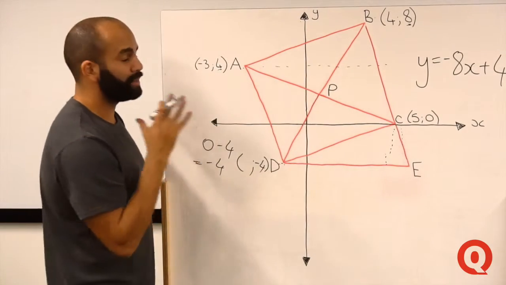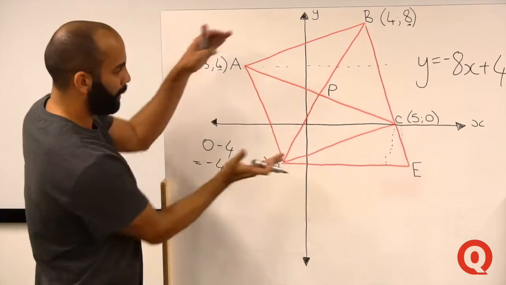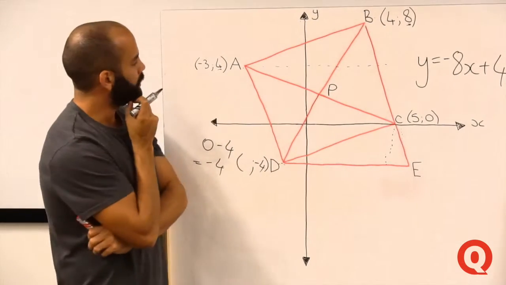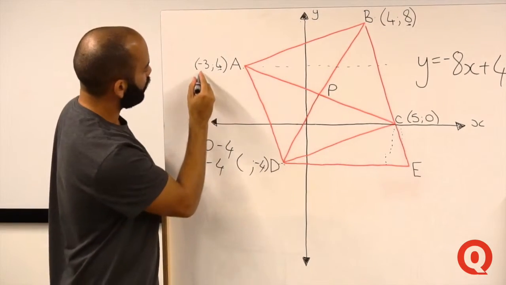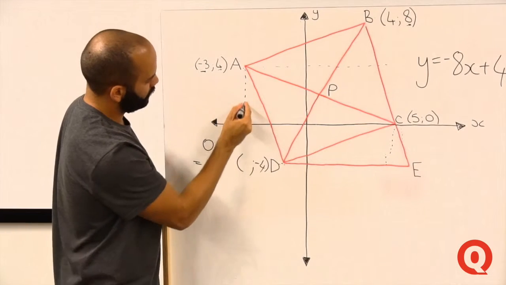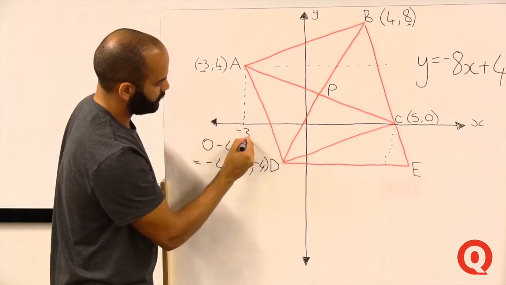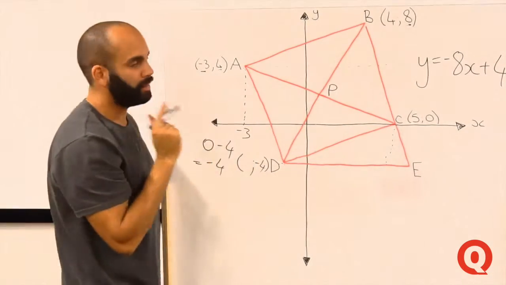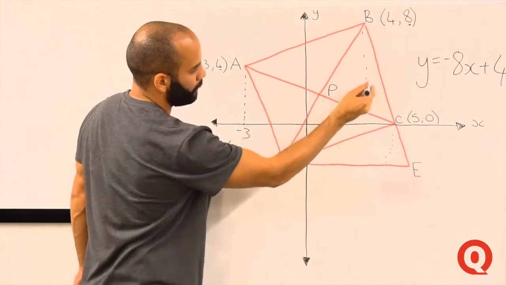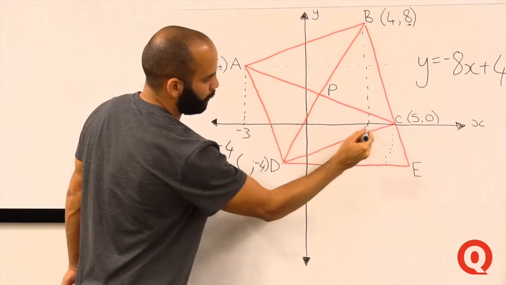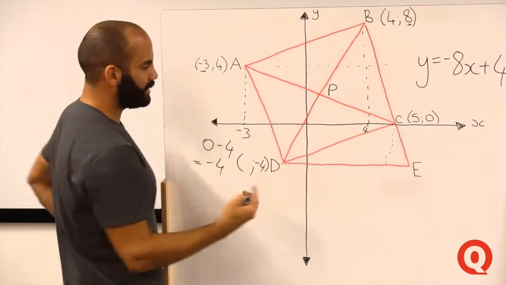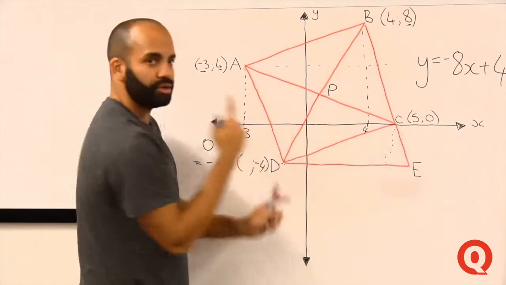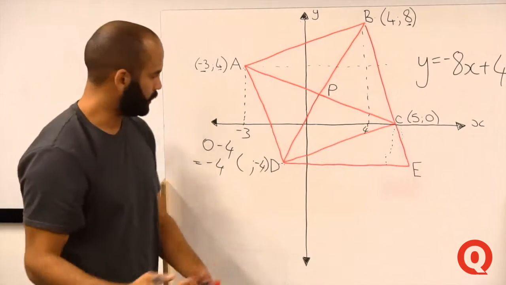But I also know, to preserve that same property of the parallelogram having equal and opposite sides, that the x value of A is minus 3, and the x value for B is positive 4. I know that this distance is 3 units plus 4 units, which would be 7 units.